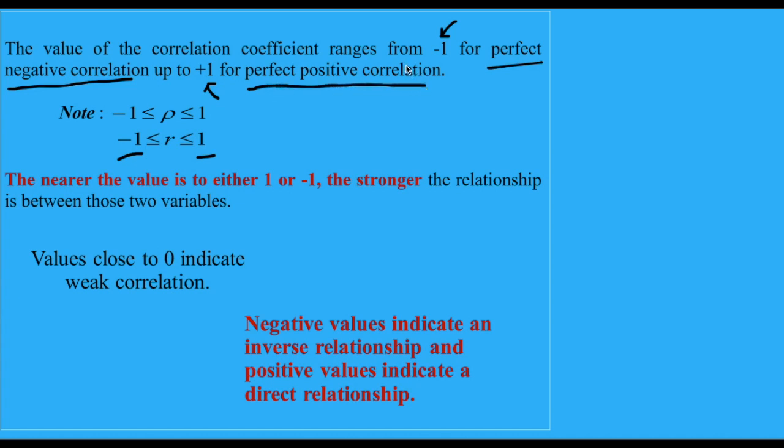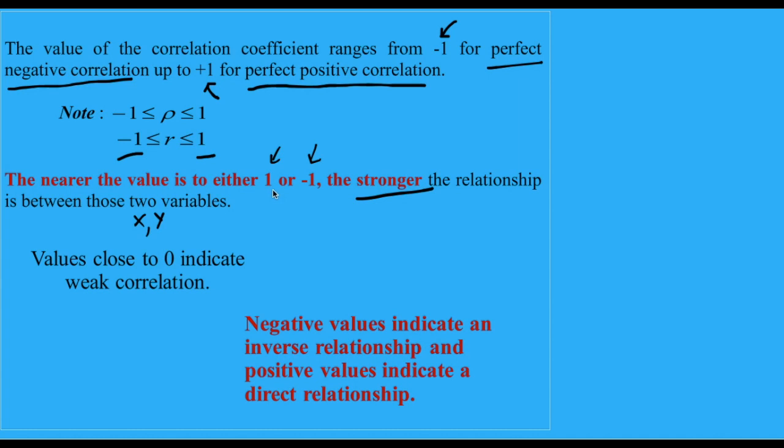I will describe the relationship further using a scatter plot, where you could see what perfect negative correlation and perfect positive correlation mean. The closer the value is to either 1 or -1, the stronger the linear relationship between x and y.